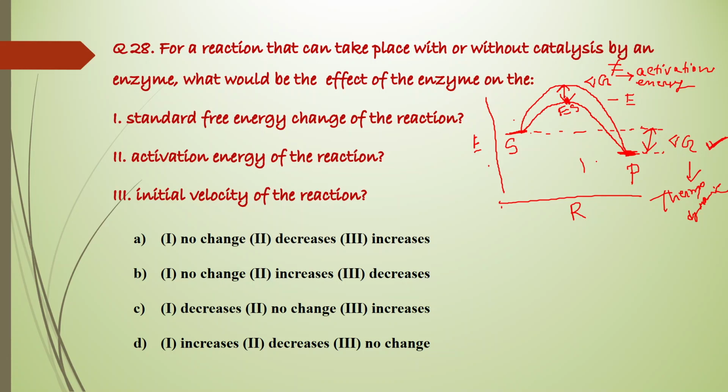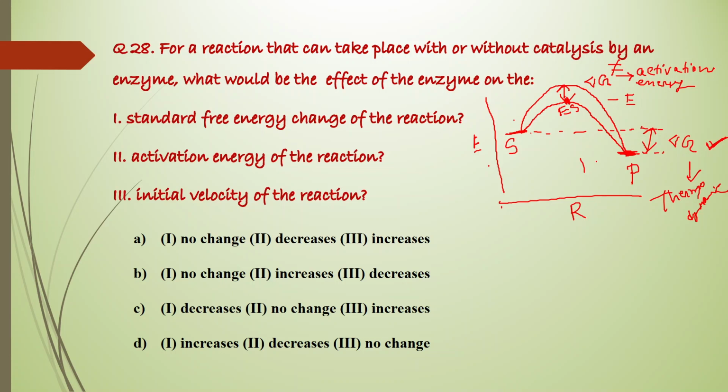The delta G value remains the same in both cases. So delta G is purely a thermodynamic parameter which does not deal with the rate or kinetics of the reaction in any way.